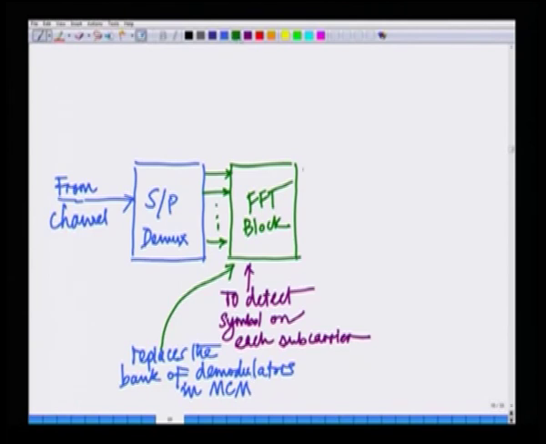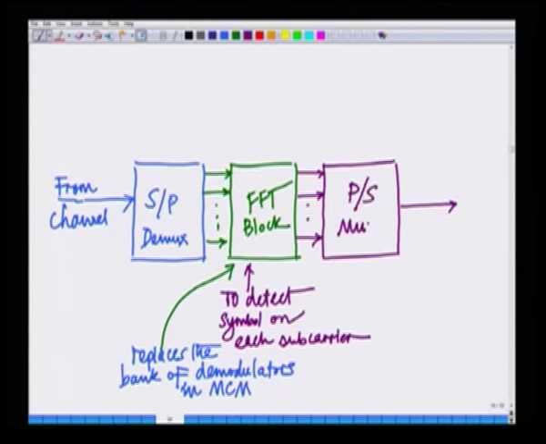Once I finish with this, what remains then is to take these parallel information symbols and convert them back into a serial stream so that they can be forwarded to the higher layers to the necessary application. So, this is again a parallel to serial or multiplexing operation.